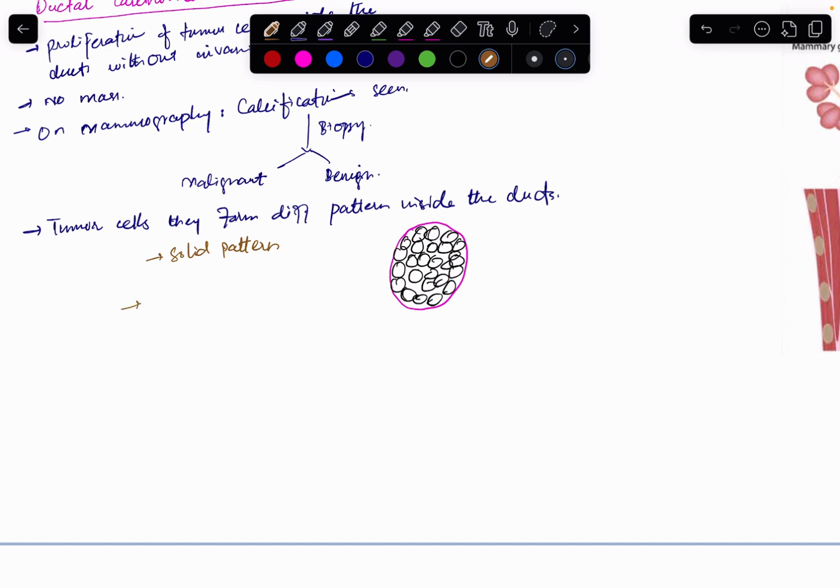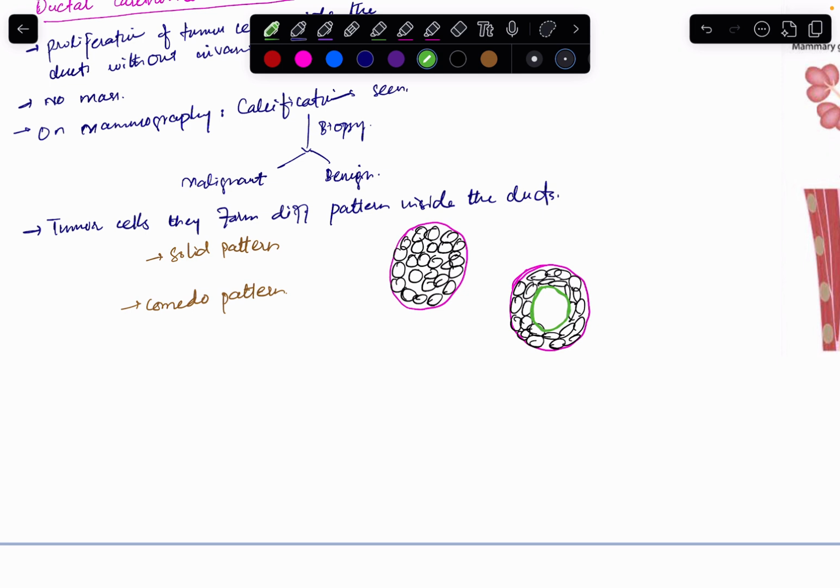Another pattern is called comedo pattern. In this pattern, we are going to see a duct in which tumor cells are present, but centrally a necrotic debris is present.